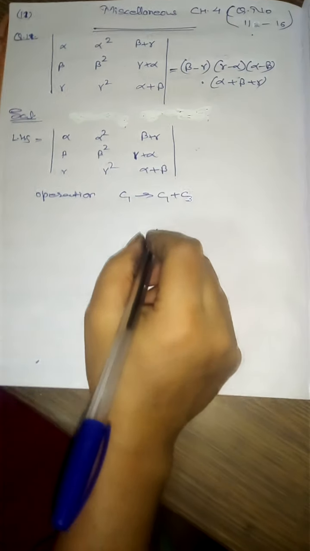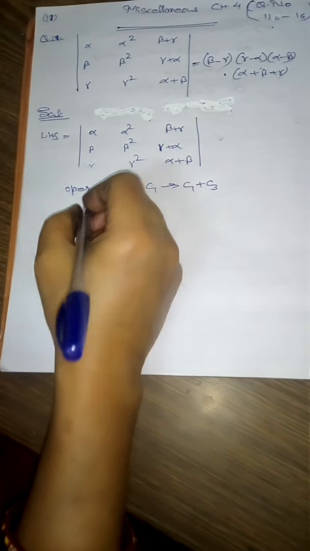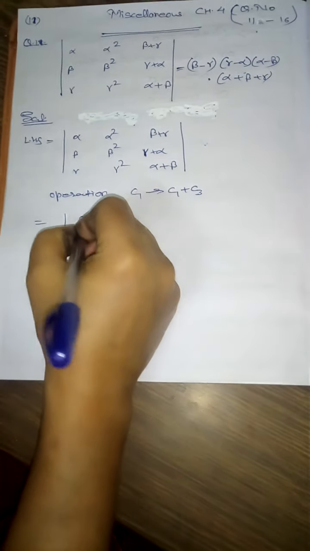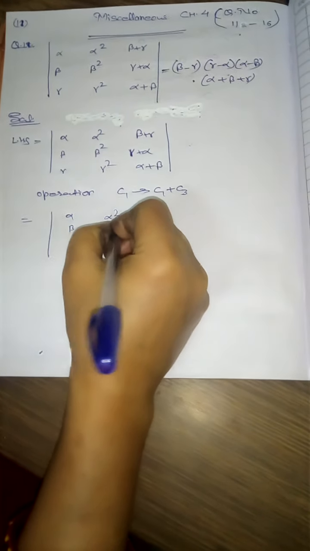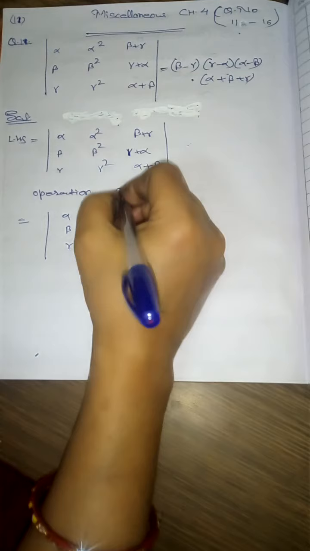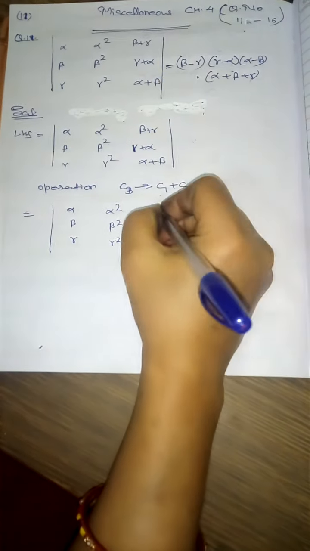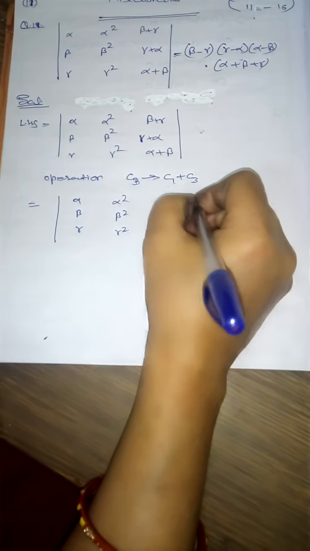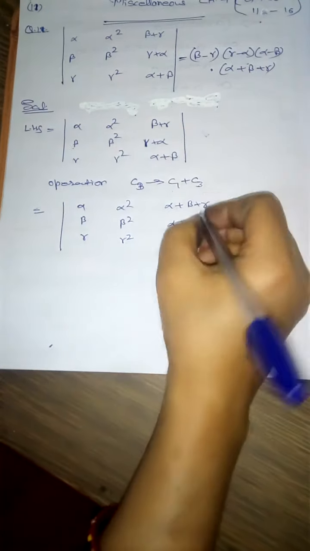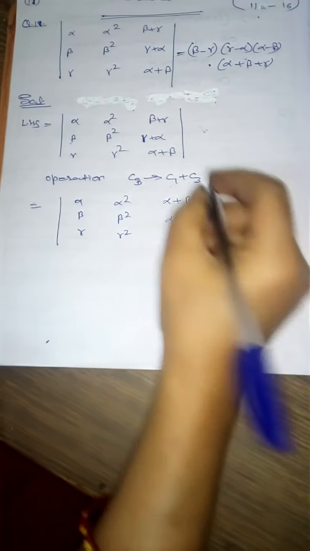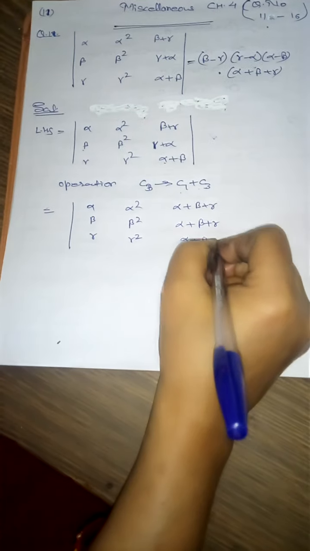Then we get alpha, beta, gamma, alpha square, beta square, gamma square, and in the first column alpha plus beta plus gamma, gamma plus alpha plus beta, and alpha plus beta plus gamma.